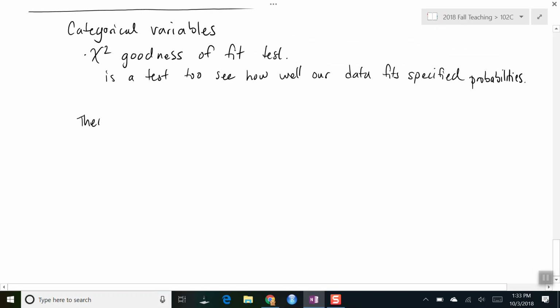Kind of the caveat here is that for the goodness of fit test, you want to make sure that the expected count is at least 5.